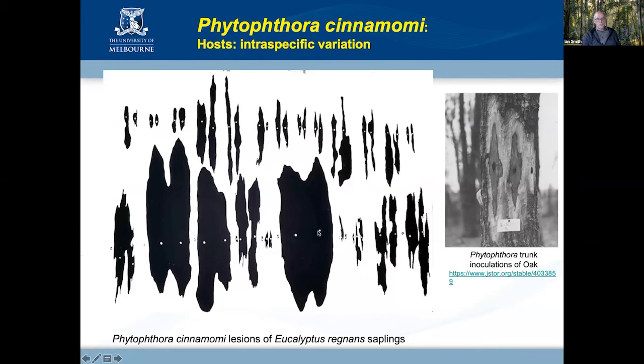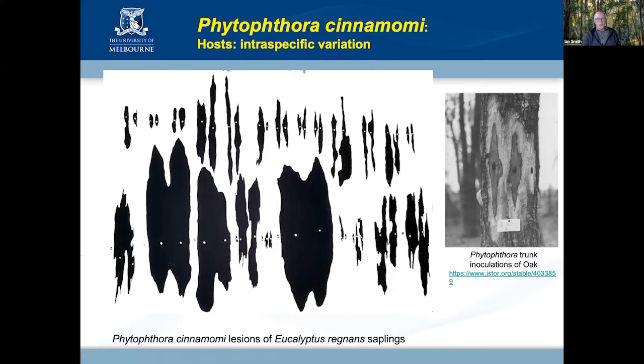We were actually looking at two different strains of the pathogen to see whether there's much difference in them. And in this case, you can see that the introduction of the pathogen caused these massive lesions, but it showed incredible variation in resistance across the plants, and that was another thing towards what we might do.